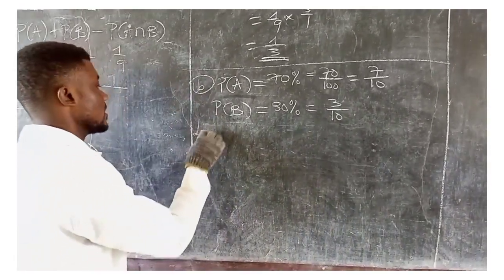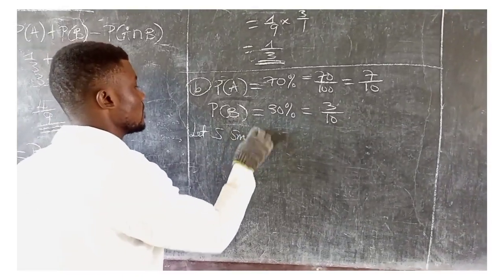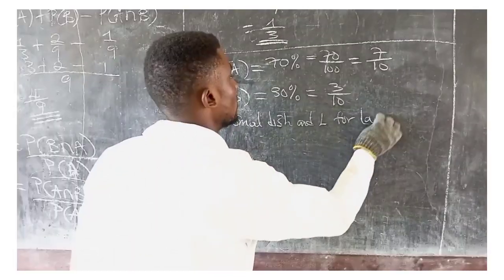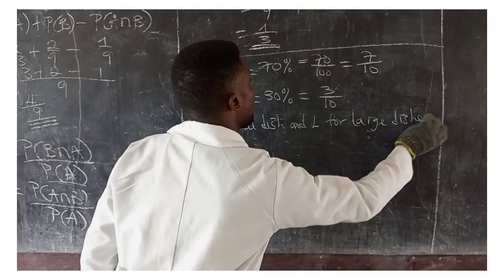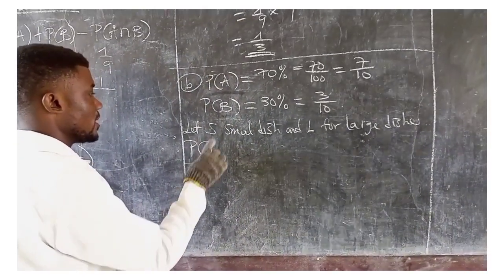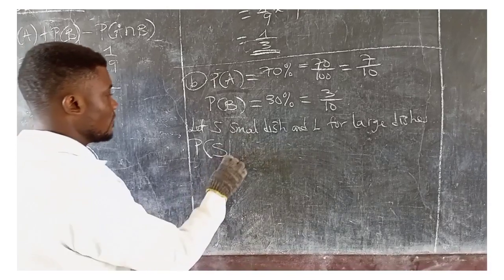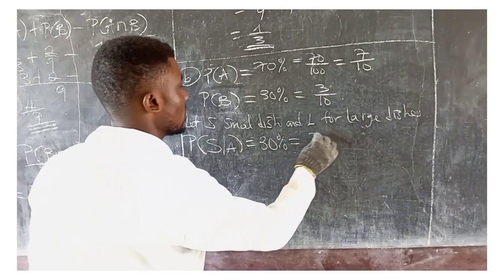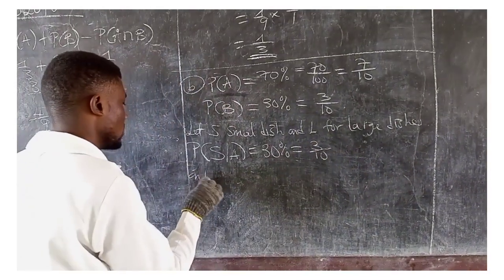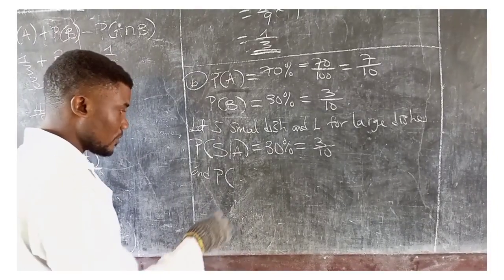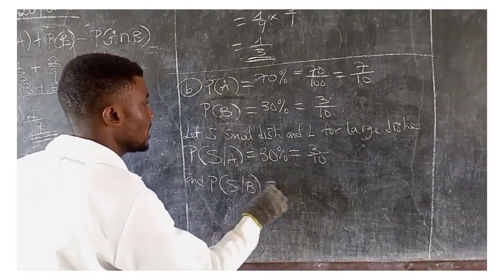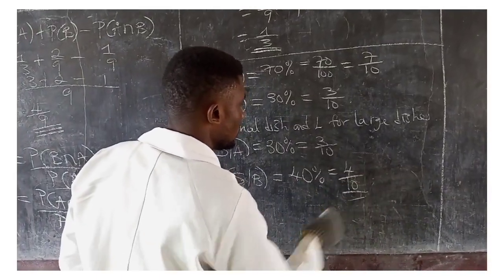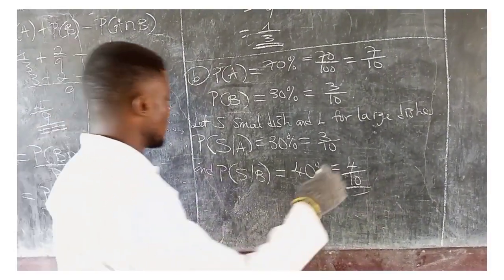That is, if I let S be for small dish and L for large dish, it means that the probability of a small dish, given that it was of type A, is 30%, as the question says, that is 3 on 10, and the probability of a small dish, given that it is of type B, is 40%, that is 4 on 10.